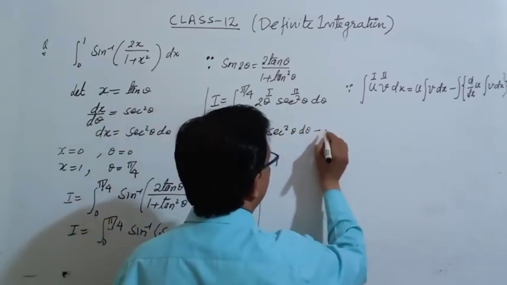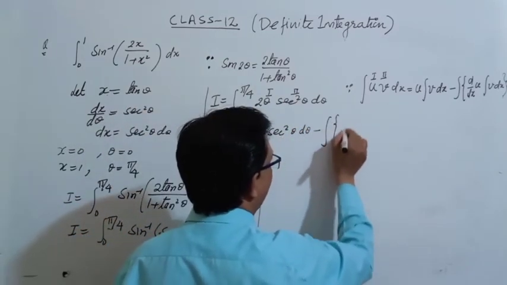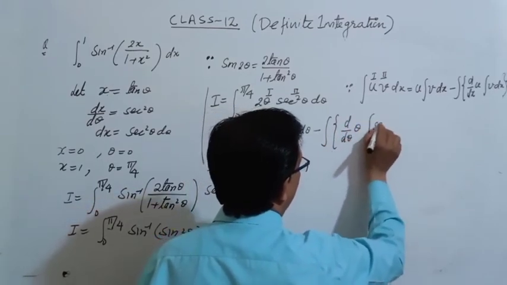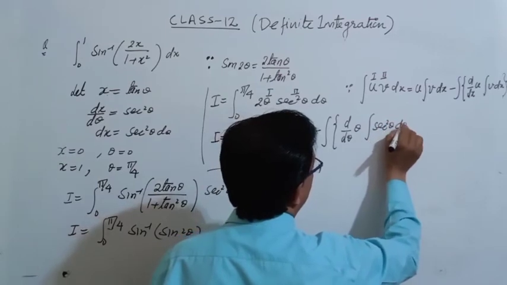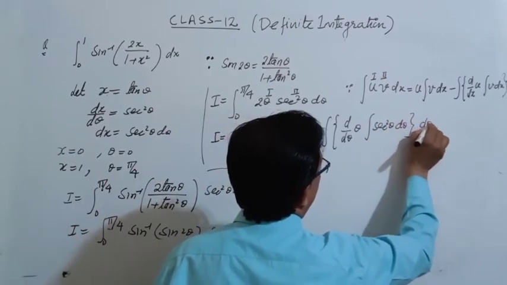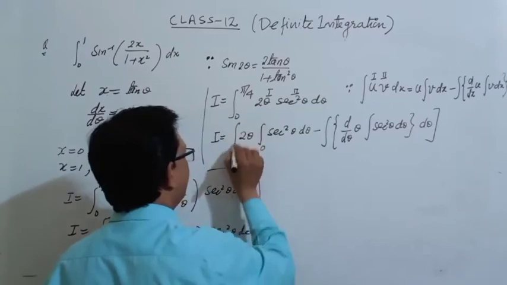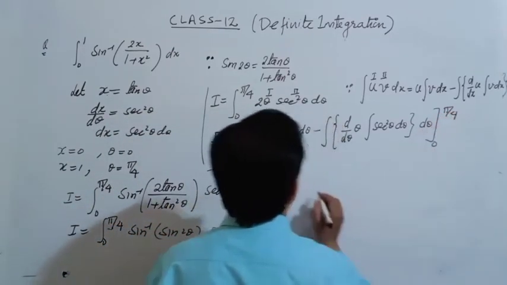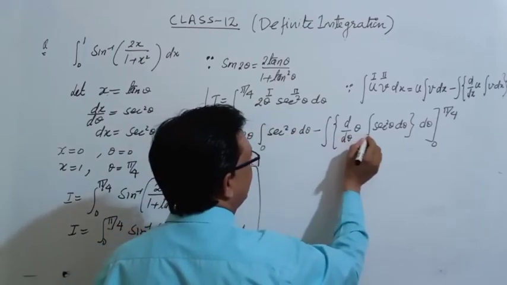Now apply a negative sign in this integration: differentiation of the first function and integration of the second function, and the whole limit is 0 to pi by 4, and this 2 is here.